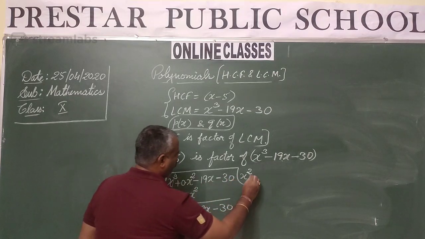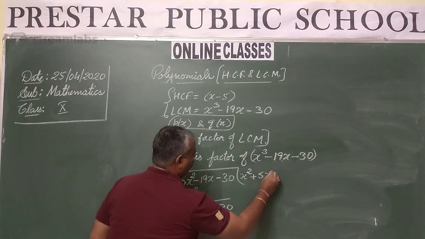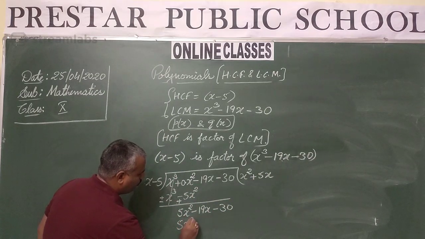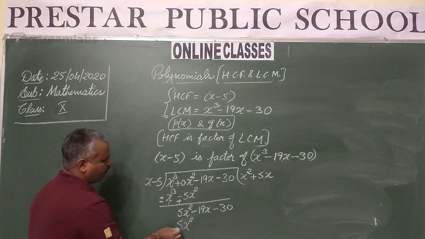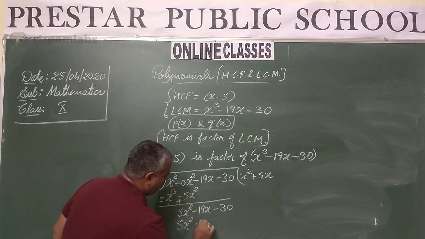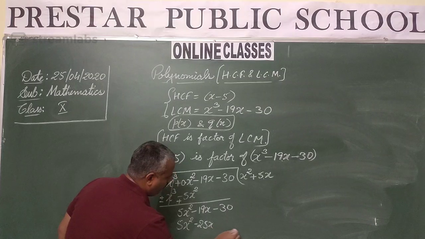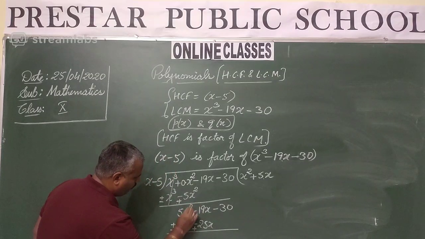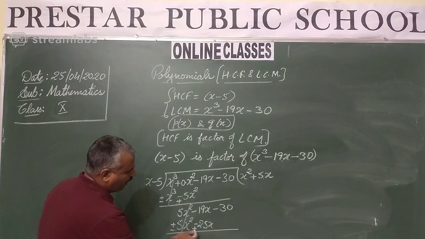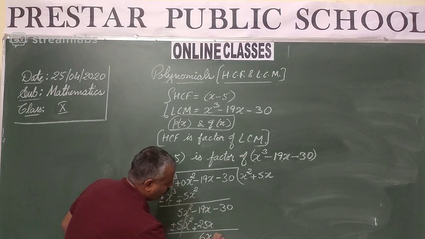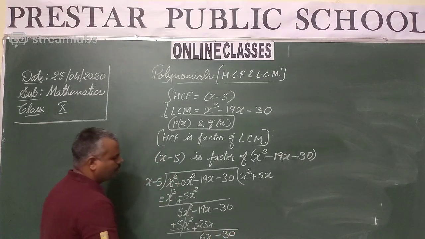So the second term would be plus 5x, which gives you 5x times x as 5x squared, and 5x times minus 5 as minus 25x. Subtract these two, where 5x squared will be cancelled out. Now plus 25x minus 19x gives you 6x and minus 30.